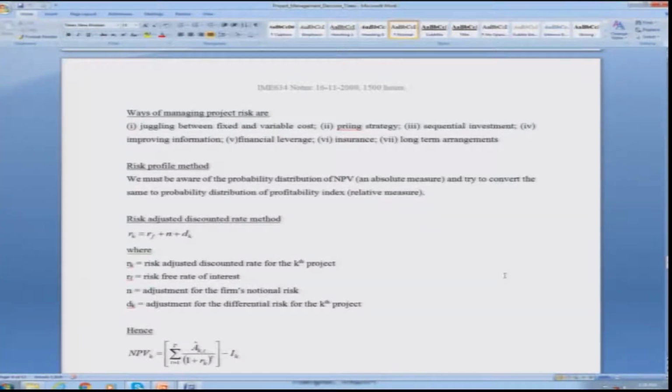So, in the risk profile method, we must be aware of the probability distribution of the net present value, which is absolutely a fixed term, and net present value is very simply the expected value. Try to convert the same to the probability distribution of probability index of relative measures such that you are able to compare the risk based on the fact that the concept of interest rate can also be brought into the picture.